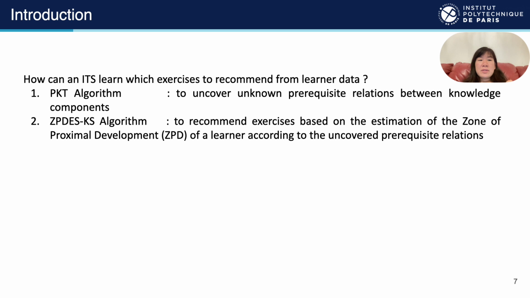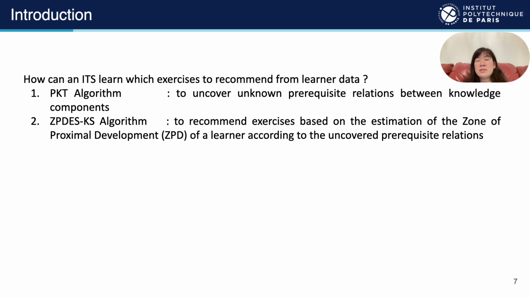So our question is, how can an ITS learn which exercises to recommend from learner data? To do that, we propose first a PKT algorithm, which is used to uncover unknown prerequisite relations between knowledge components.